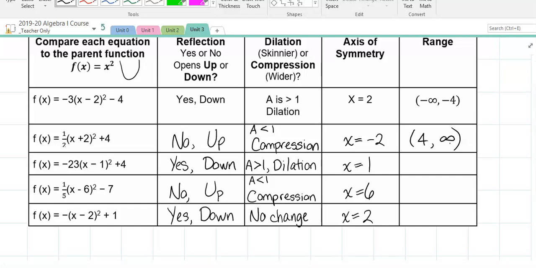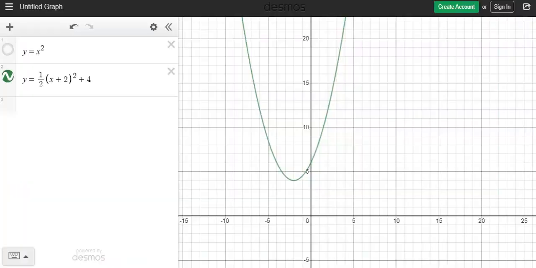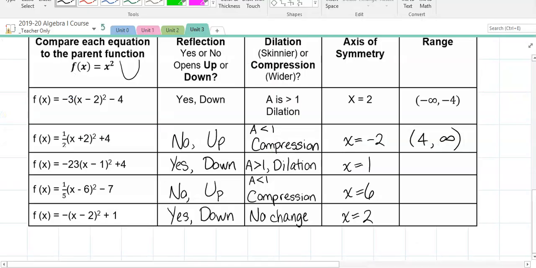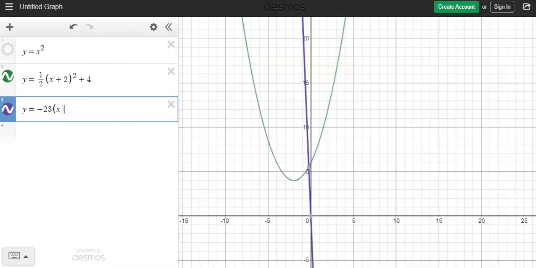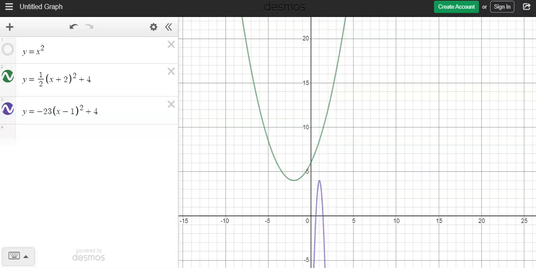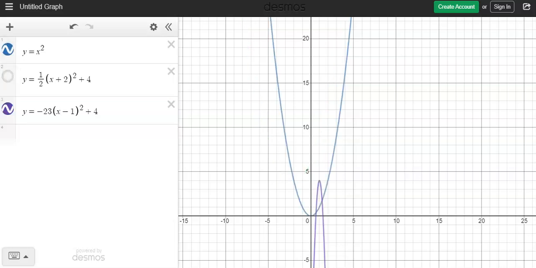Next one, y equals negative 23 times the quantity x minus 1 squared, plus 4. And there it is. I'm going to turn that one off, turn my parent function back on.